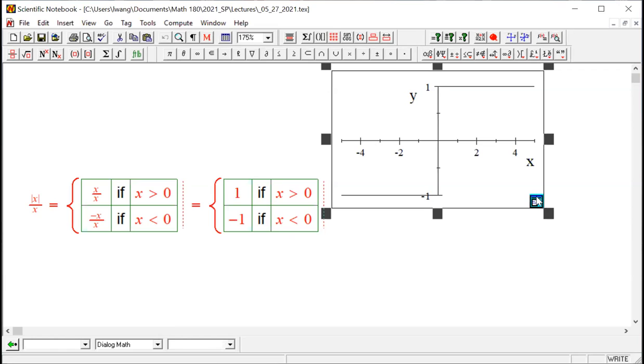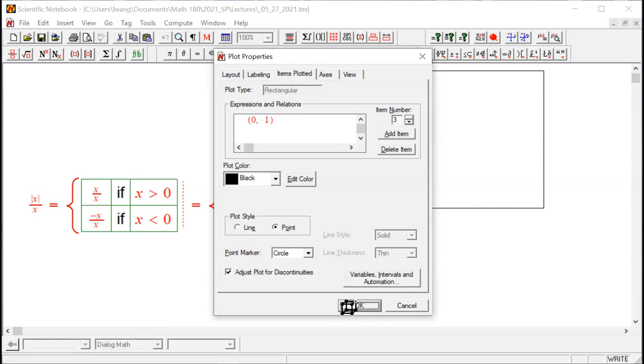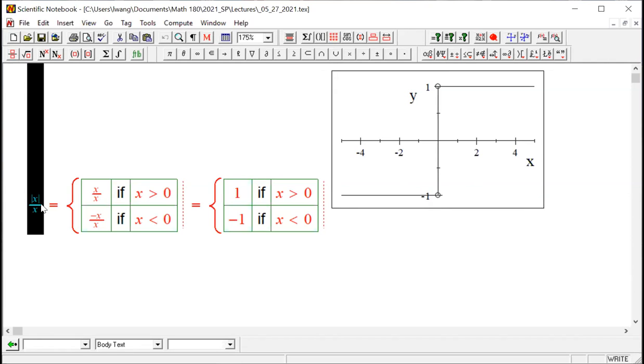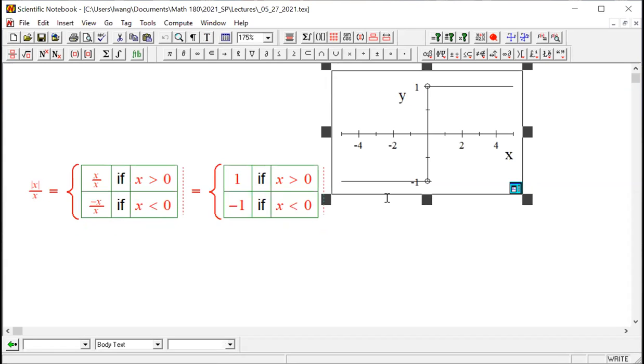So we're going to have 2 circles. Now we're going to have another circle, indicating that this function h is not defined at 0. That's the picture.